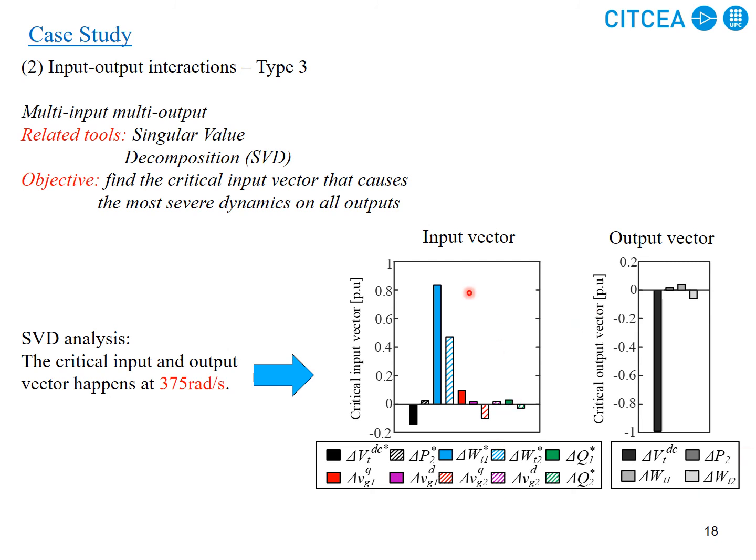So if this input direction happens at the same time, I expect that my DC voltage drops -1 per unit. It means that I cannot have control over my DC voltage, and DC voltage would go from nominal value to 0. It is a -1 per unit drop.